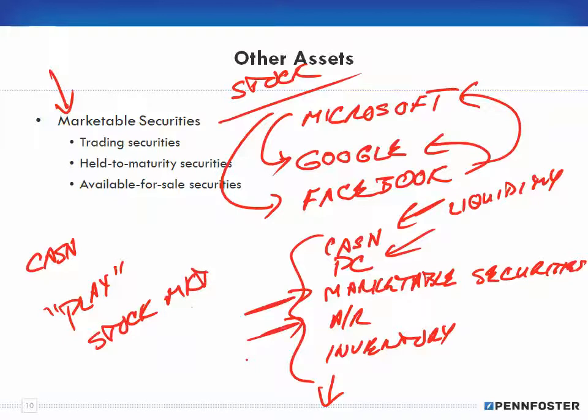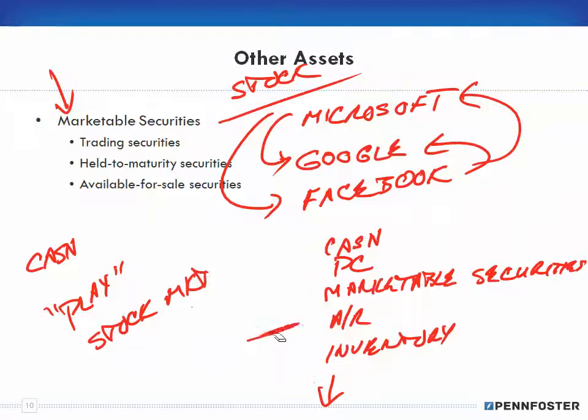But the whole point is that in the scheme of things, marketable securities ends up as one of your very first general ledger accounts, and it's only used for trading other companies' stocks, buying and selling other companies' stocks.